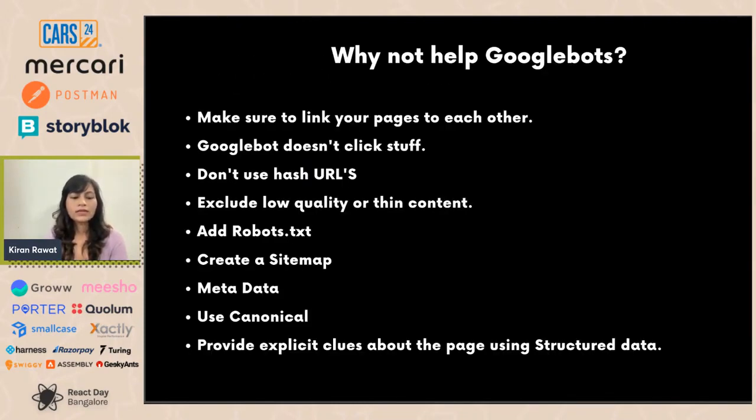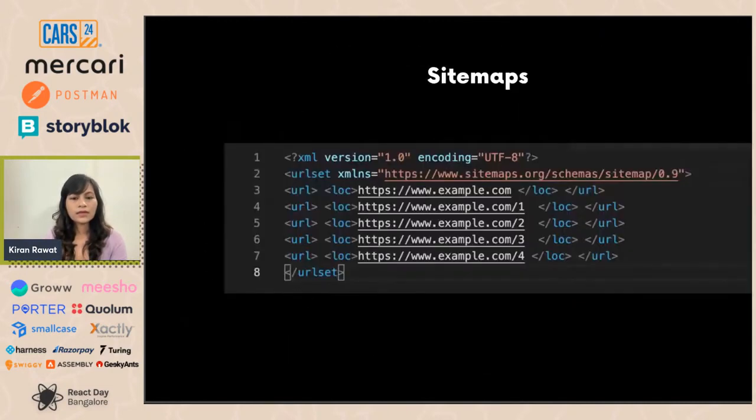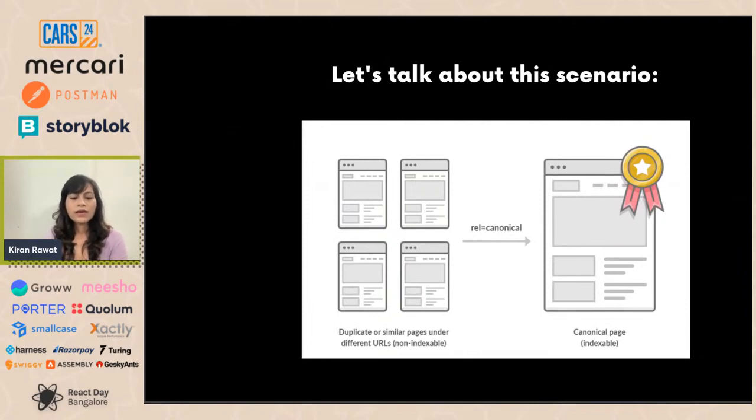Yeah, so the next thing is, we should have canonicals if we have a scenario like this. Let's say I have two different URLs, one for the desktop version and one for the mobile version, and both URLs point to the same page. So it becomes non-indexable because we have different URLs, but those two URLs are pointing to the same page. How can I resolve it?